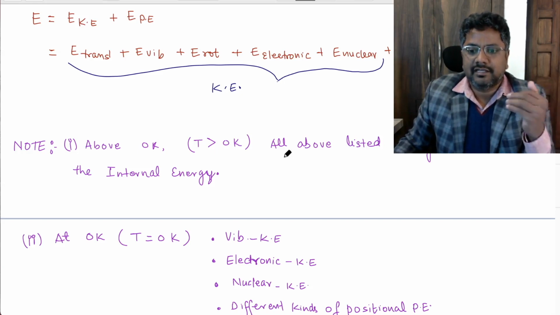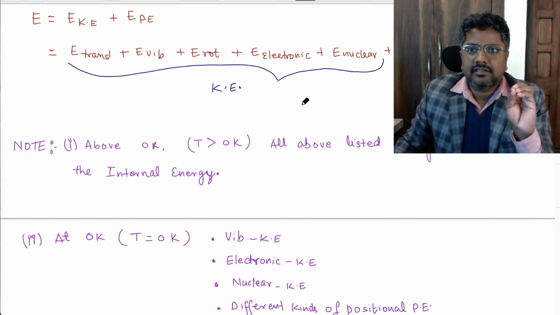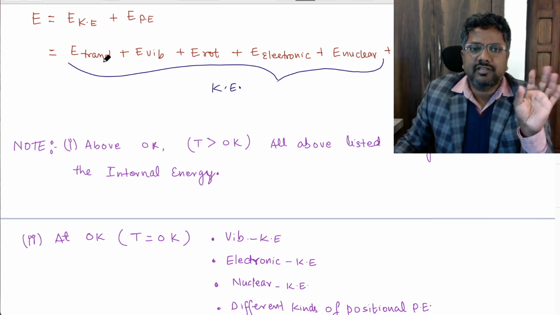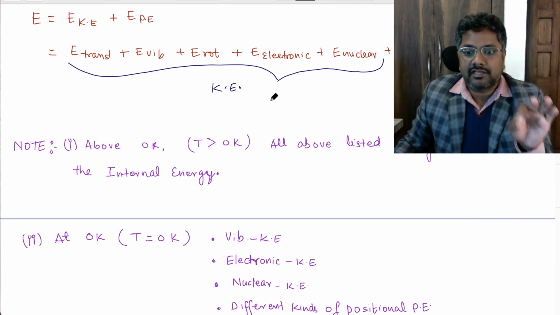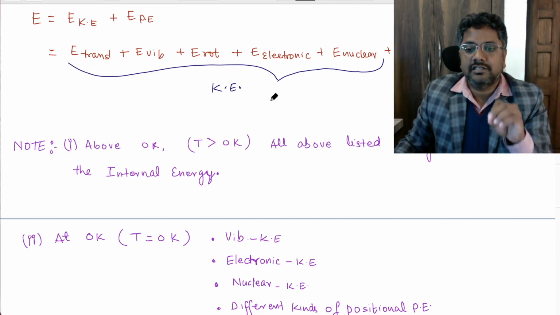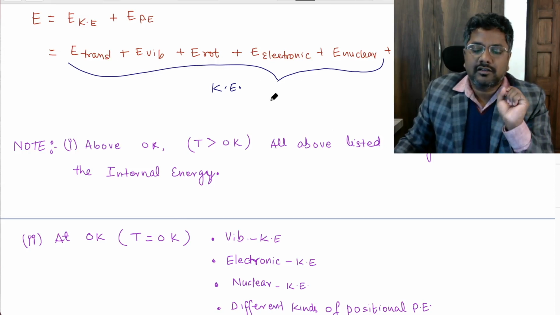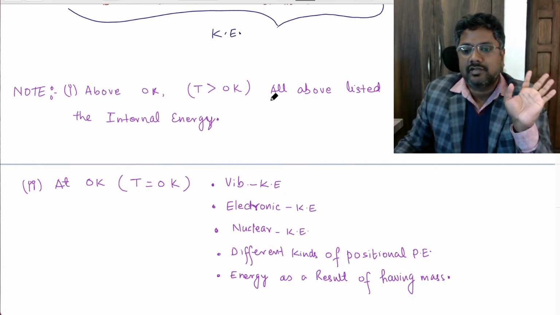So we can say thermal energy. You see, thermal energy is a different issue. In thermal energy, the contribution of translational is there, vibrational is there, rotational is there. So one should be clear in the question whether he or she is talking about thermal energy or internal energy. If you are talking about internal energy at 0 Kelvin, all these energies will contribute in the total energy.